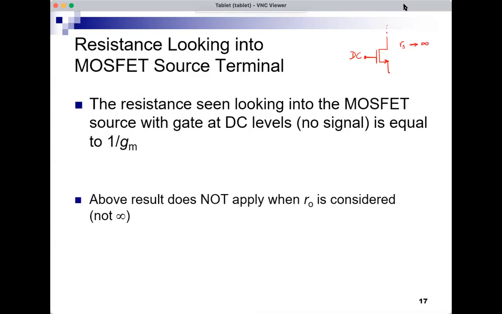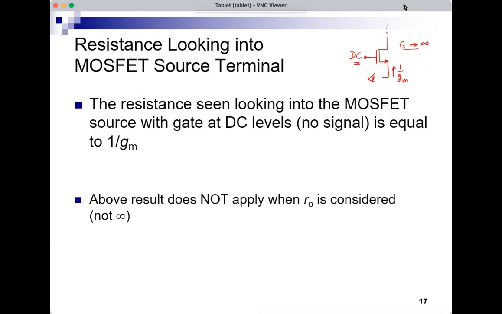So if there's no RO and I'm looking into the source, so here's the eye that measures the resistance seen at the node. What would the eye see? If there is a DC here and RO is very large, it will see 1 over GM. The resistance seen looking into the source will be 1 over GM.